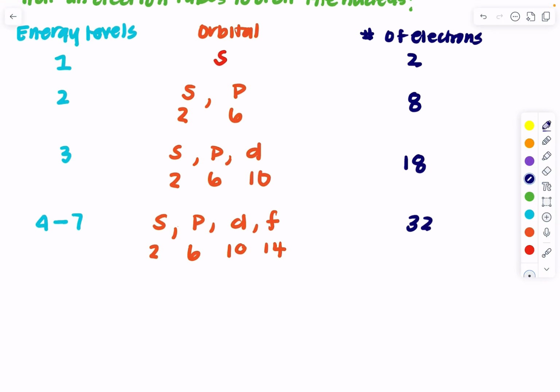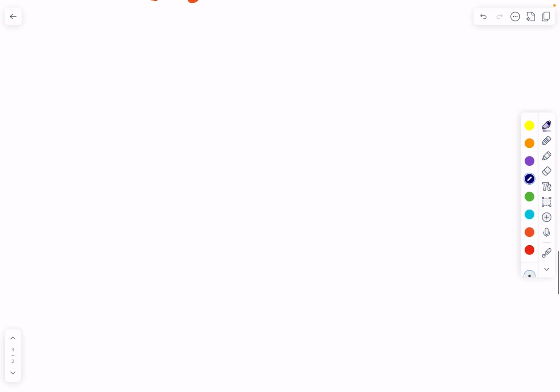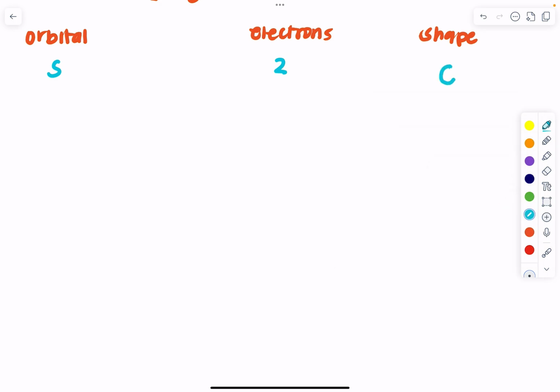When I break down these orbitals, I'm also going to give you the shape of them. So if we look at the orbital, the number of electrons it can hold, and the shape, they're all going to look a little bit different. The s orbital, again, can hold 2 electrons, and the shape around the nucleus, so the nucleus I'll draw in the middle, is just a circle.